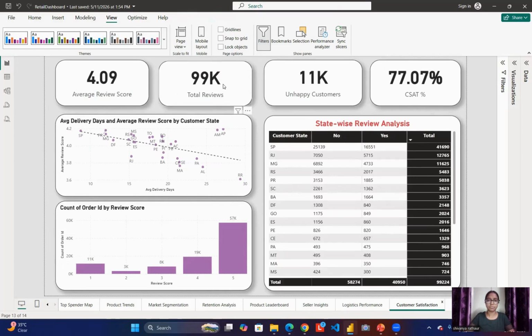Most of the customers don't give a written review as well, and the unhappy customers are 11K, and 77.07% are satisfied customers. And in this chart, we can see there is a direct correlation between the review score and delivery days. As our delivery days increase, our review score also decreases over time. So there's a direct correlation.